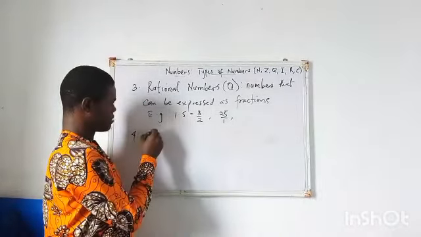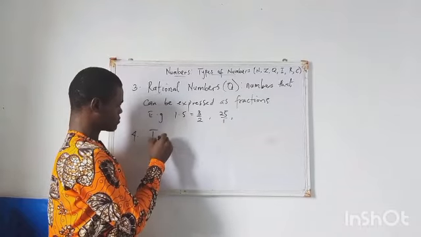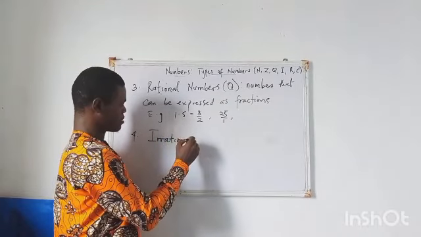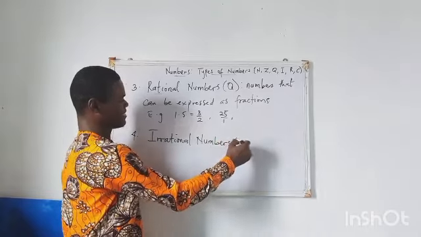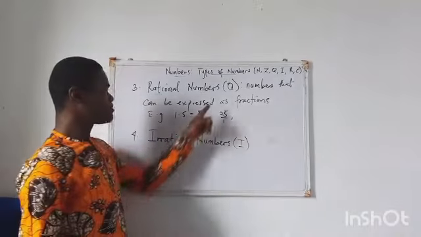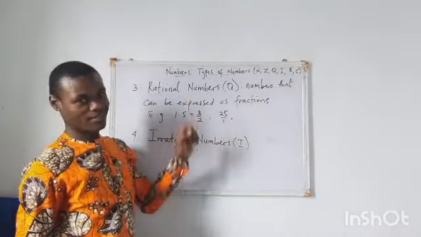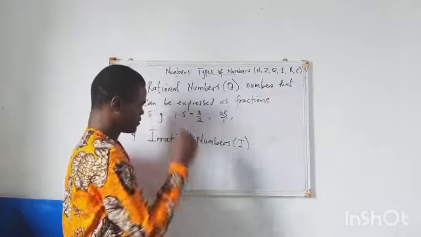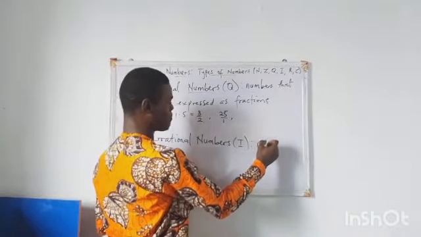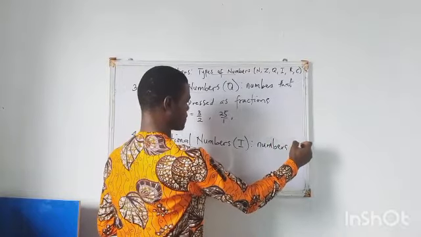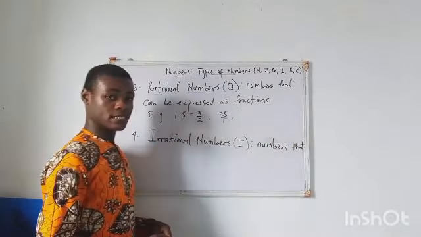Number 4, we have irrational numbers. Please take note that the symbol for rational numbers is Q, not R. Right? Please don't mix that up. So we have irrational numbers. They're just the opposite of this. Let me leave you to guess that.